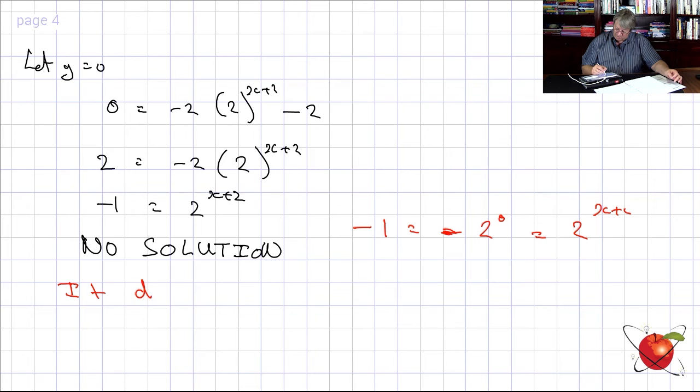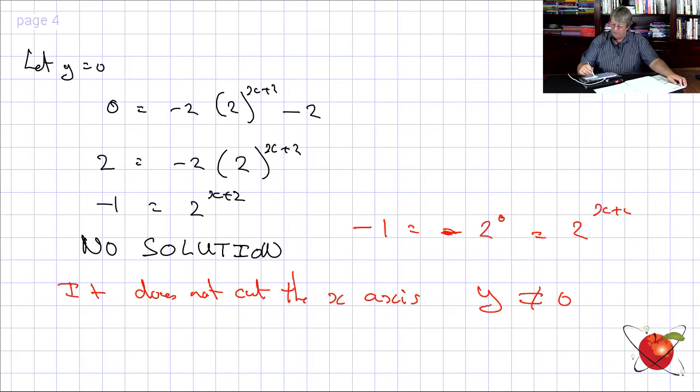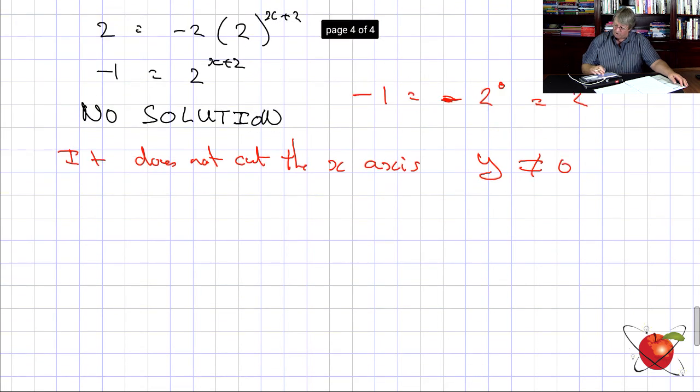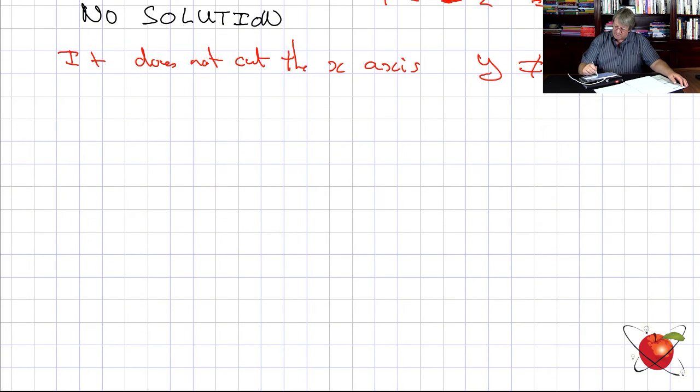It does not cut the x-axis. y cannot be equal to 0. Then we go to our graph. We say, cool, let's have a look. Okay, how do you look? Well, I'm going to do you.